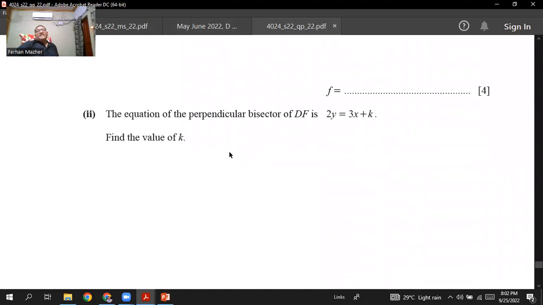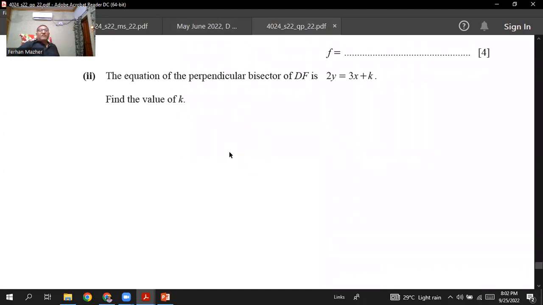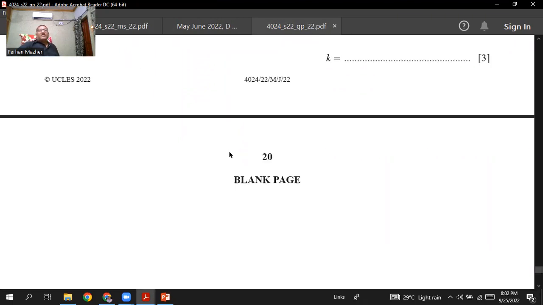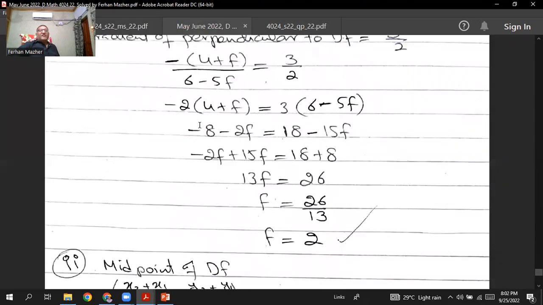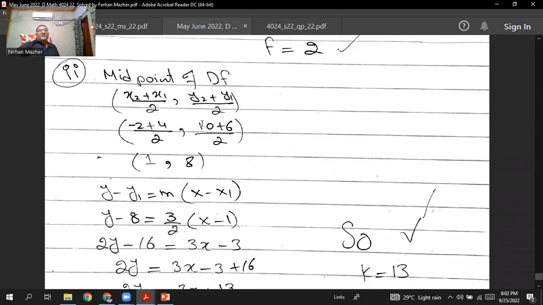In the next part, they say the equation of the perpendicular bisector of DF is 2y equals 3x plus k. Find the value of k. It's a 3-mark question. So we will find the equation of the perpendicular bisector of DF. First of all, I will find the midpoint of DF: ((x2 plus x1)/2, (y2 plus y1)/2). We are using the coordinates of the F point and the D point.